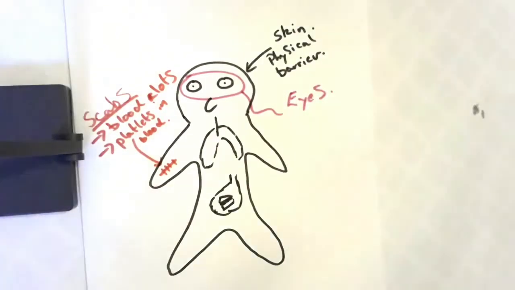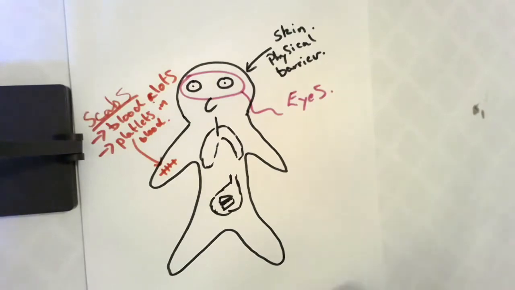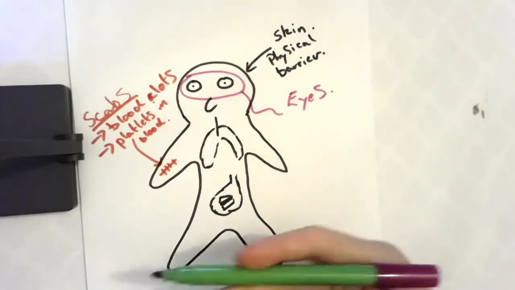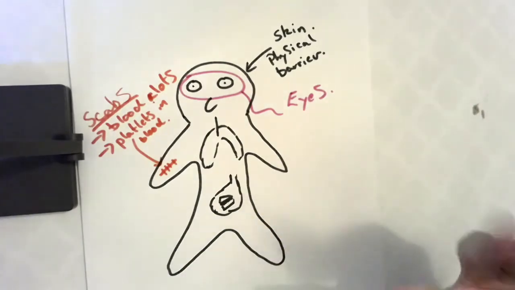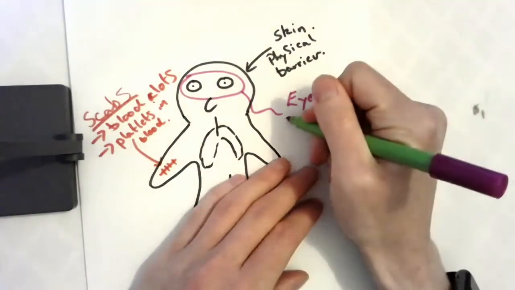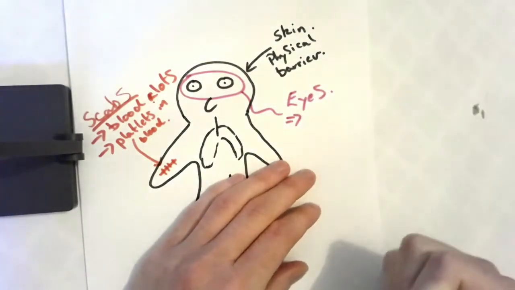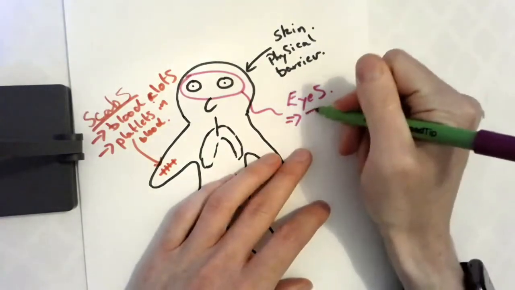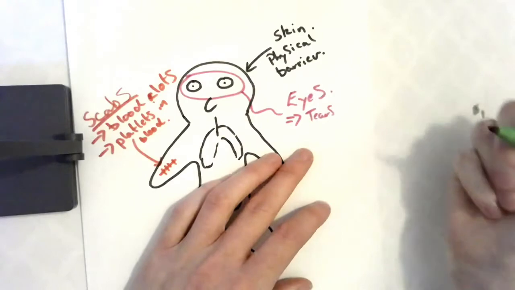Our eyes are a source of potential infection, because they've got lots of the things that pathogens like. They're warm, they're moist, it's easy for pathogens to get in there and breed. So what do our eyes do when things get within them? They cry, they flush the eyes out. So tears are part of our defence system.